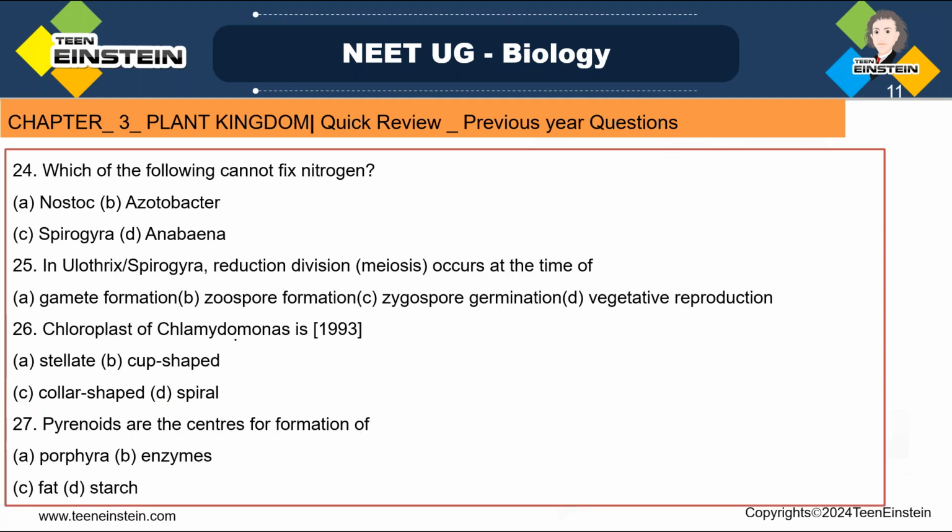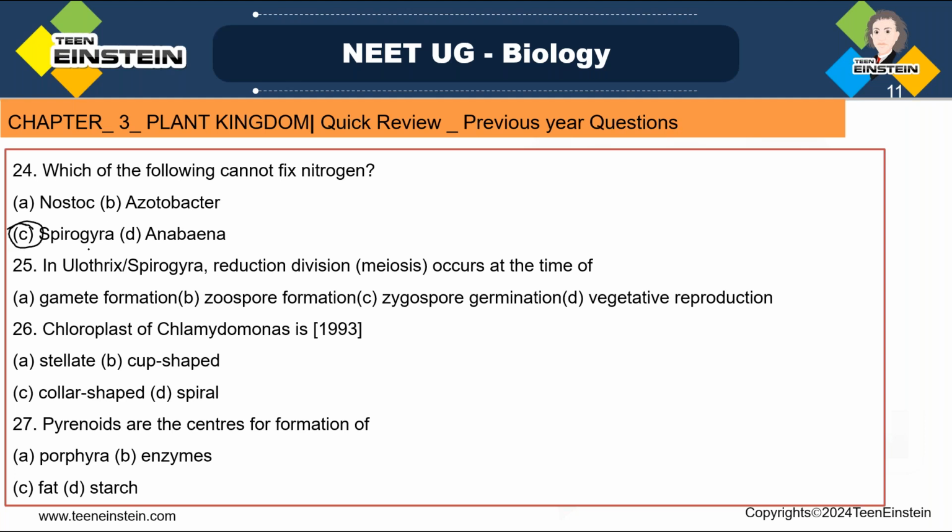Next, question number 24. Which of the following cannot fix nitrogen? The options are Nostoc, Acetobacter, Spirogyra, Anabaena. The answer is Spirogyra. Why?